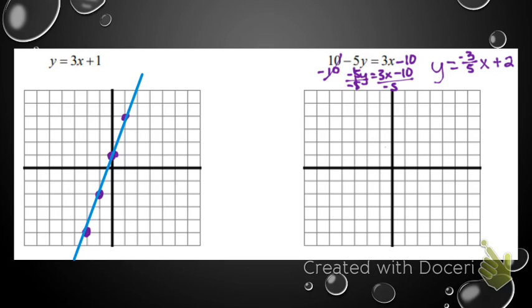So from there, put my dot on 2, and then down 3, over 5, 1, 2, 3, 4, 5, and then one more in the other direction, 1, 2, 3, 1, 2, 3, 4, 5.